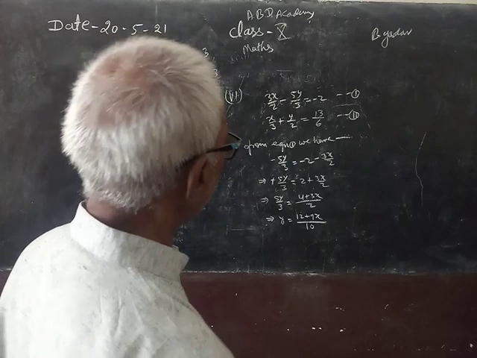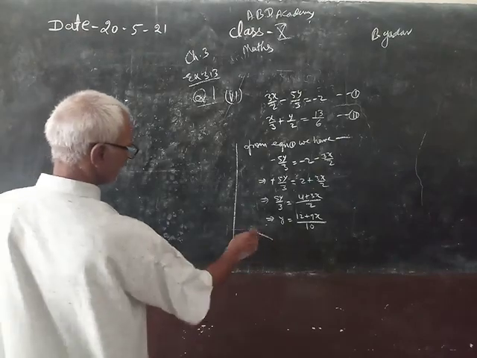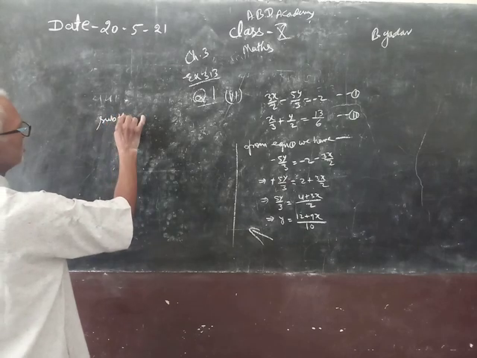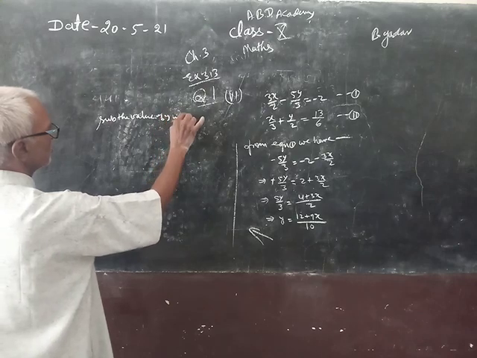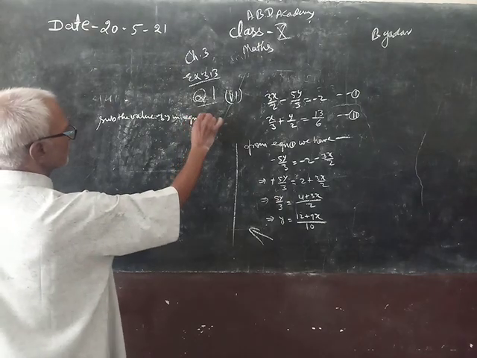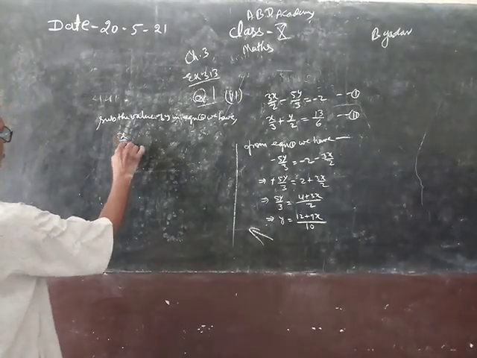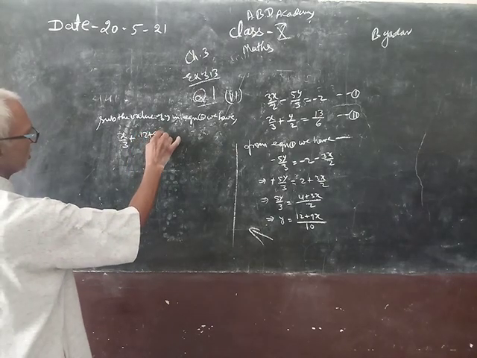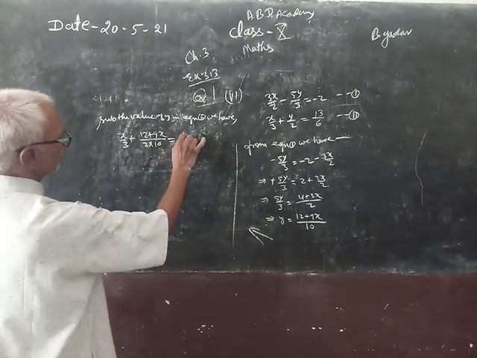When this value is substituted in the second, let us do it here this way. Substituting the value of y in equation 2, we get x by 3 plus y by 2, that is (12 plus 9x) by 2 into 10, is equal to 13 by 6.